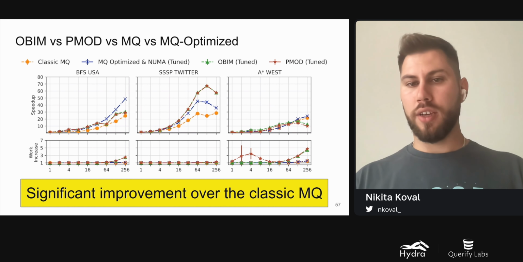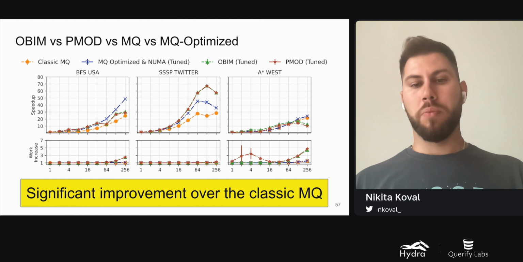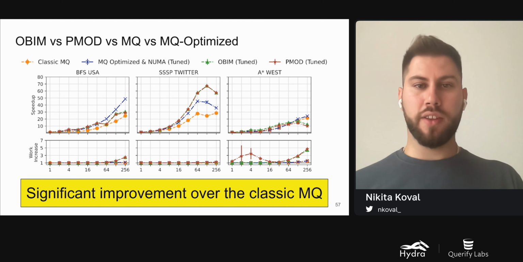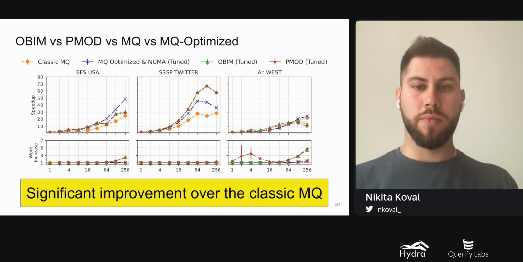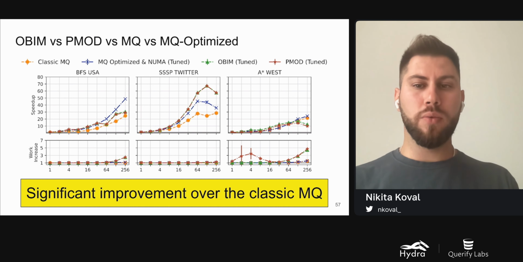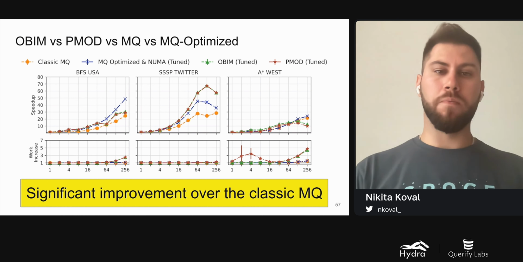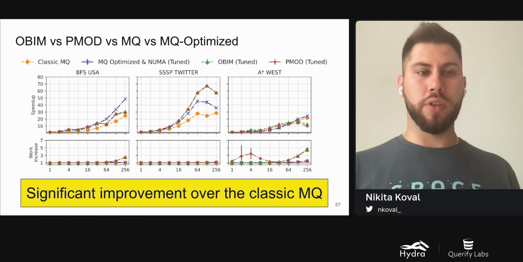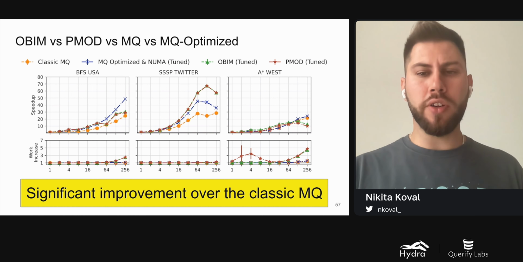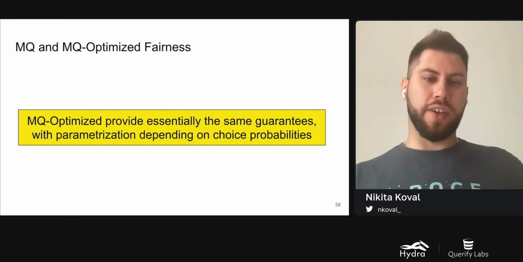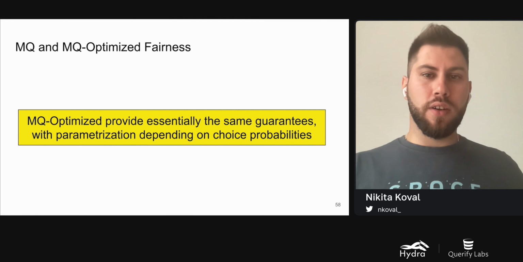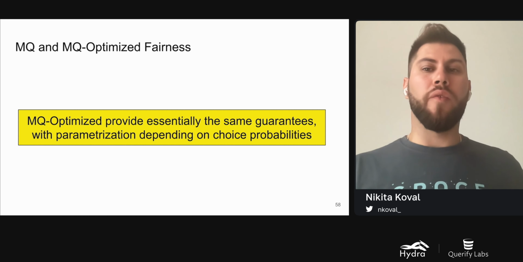On the graph on the right, we had some performance improvement, but multi-queues were better than P1, and now they're even better. And in the middle, we see that it was a good improvement over the classic multi-queue design, but P1 are still faster.